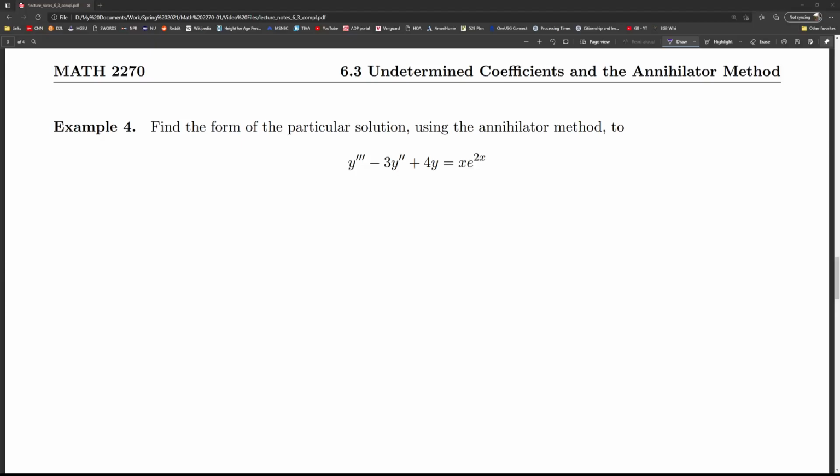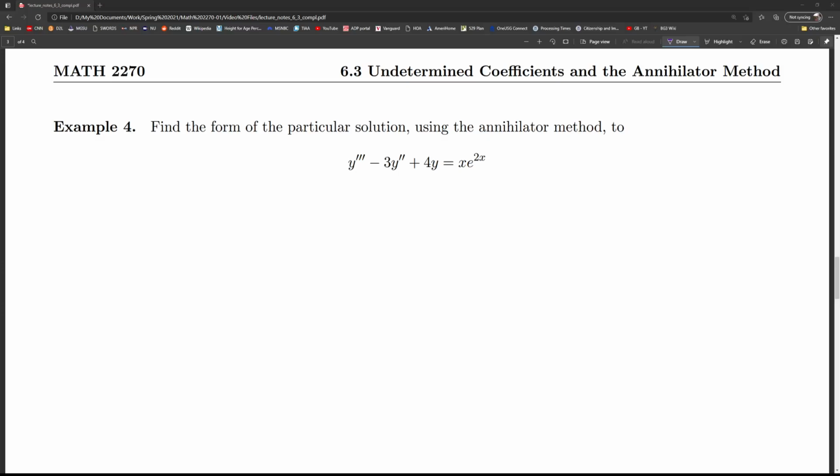Find the form of the particular solution using the Annihilator method to the differential equation y triple prime minus 3y double prime plus 4y equals x times e to the power 2x. So even though it's asking for a particular solution, we'll have to take a look at the homogeneous equation.